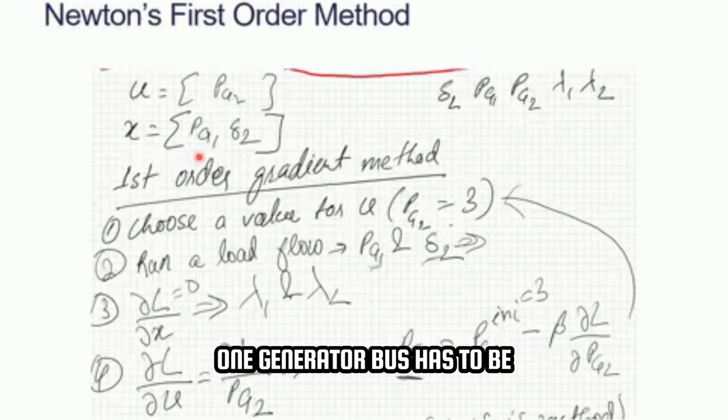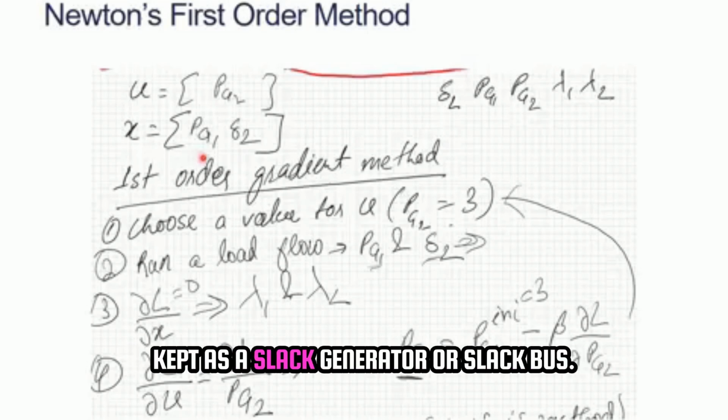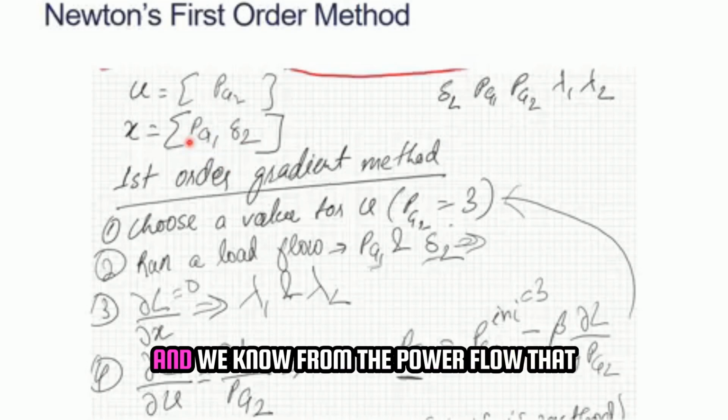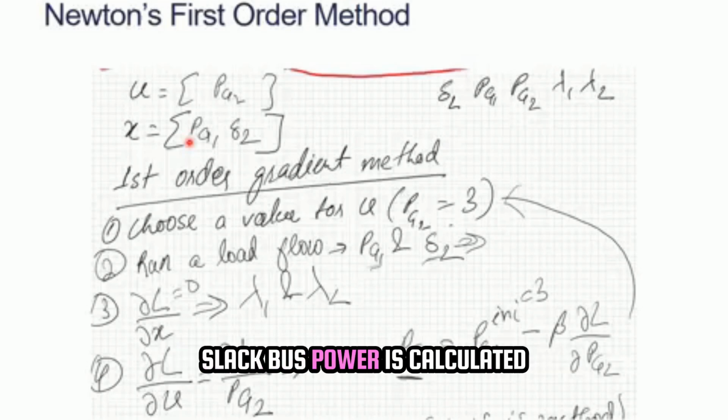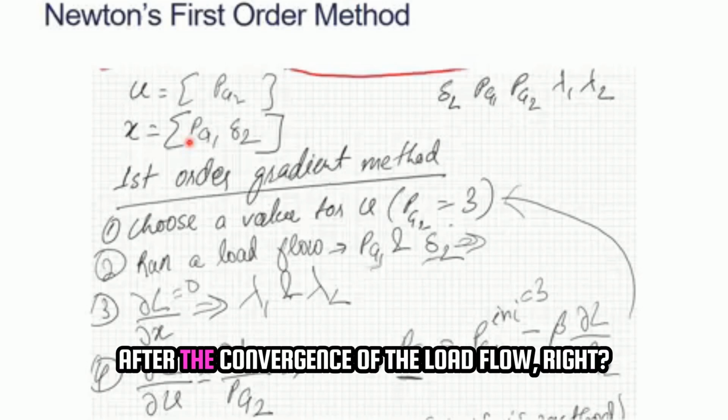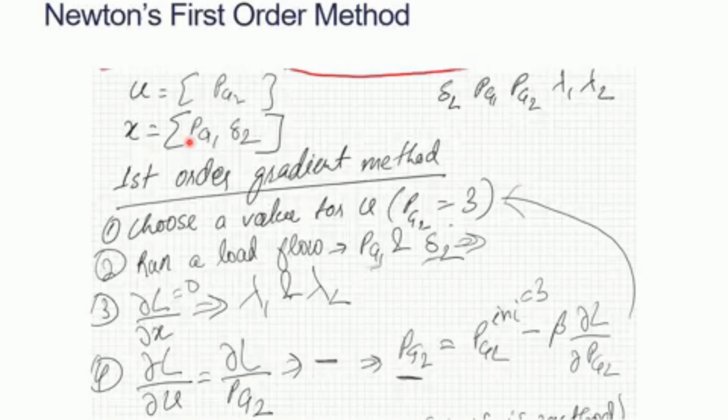One generator bus has to be kept as a slack generator or slack bus. And we know from the power flow that the slack bus power is calculated at the end of the load flow solution. So we get the values of the slack bus after the convergence of the load flow, right?